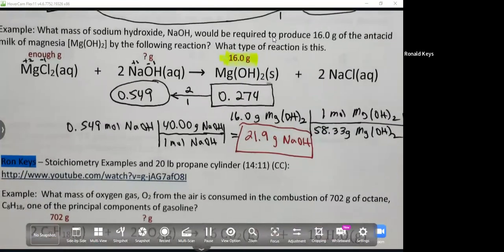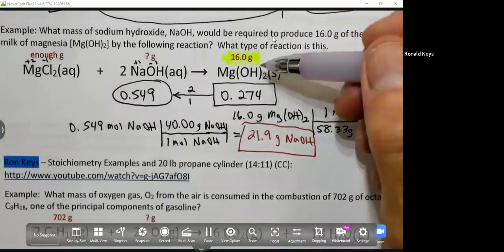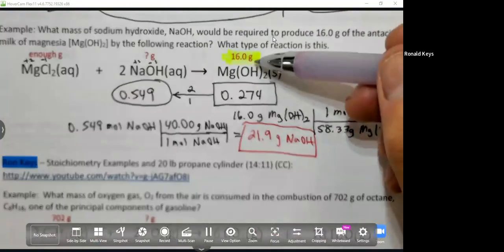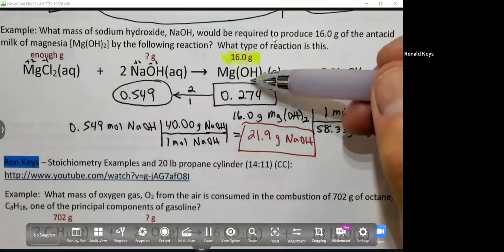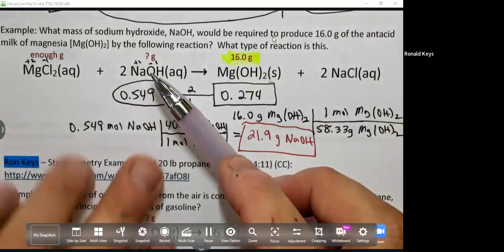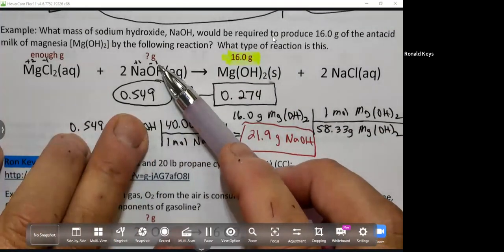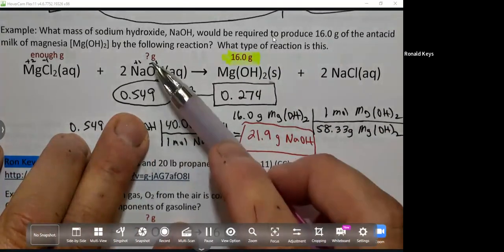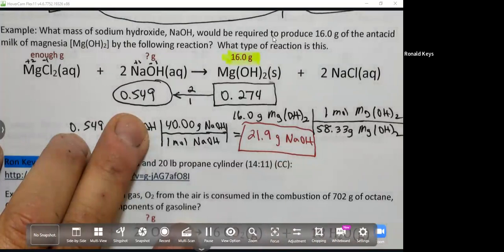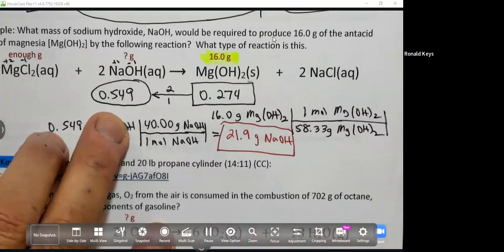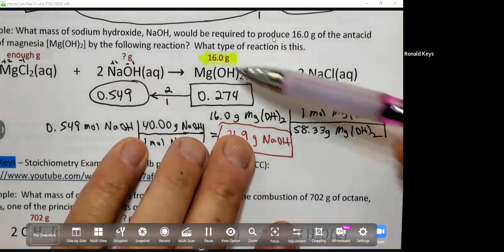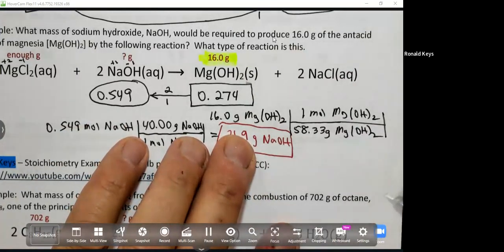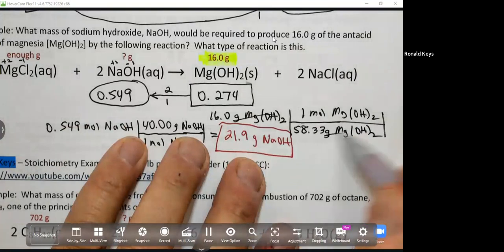So then we did this one where you're not given moles. Typically you're given grams. We're given 16 grams of magnesium hydroxide. The question is, how many moles of sodium hydroxide would have reacted? How many grams of sodium hydroxide would have reacted? Well, first thing we had to do was convert 16 grams of magnesium hydroxide to moles.